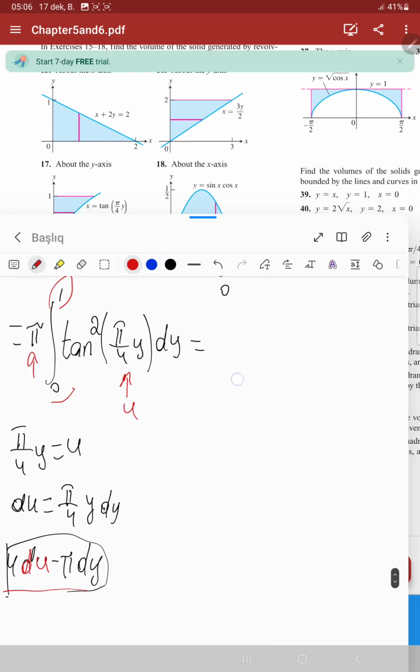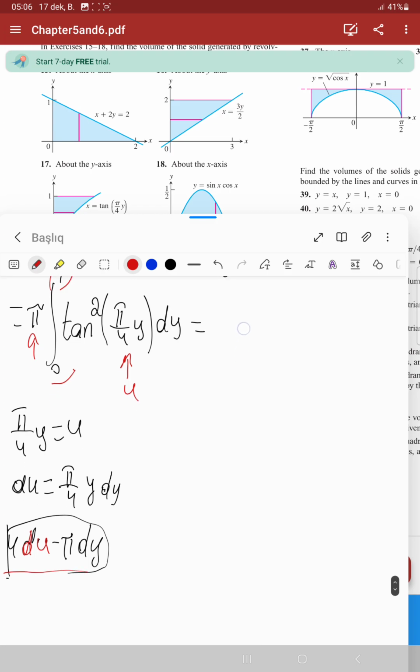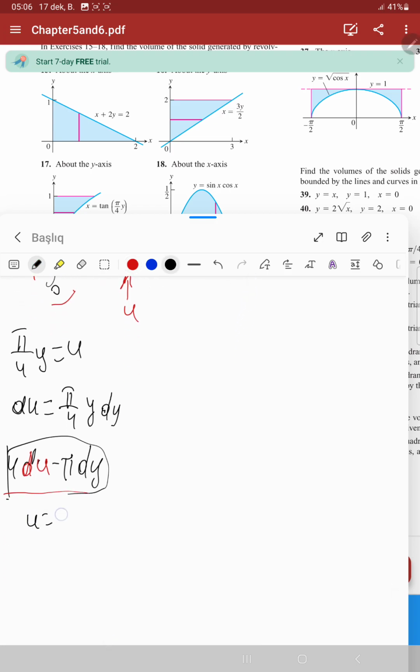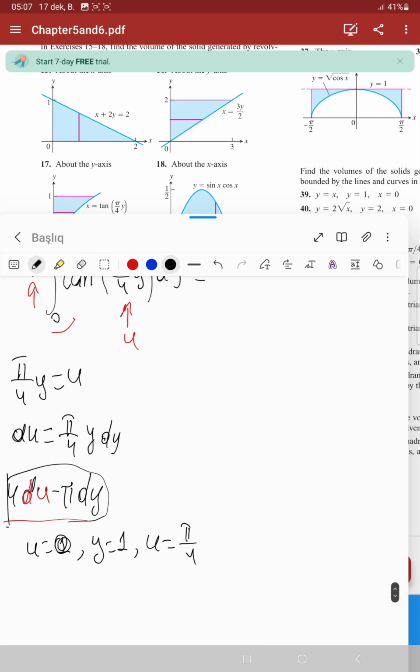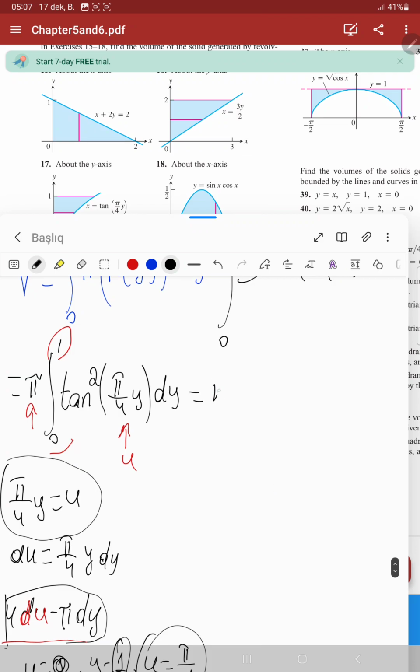Our boundaries will change: u will be 0 when y is 0, and when y is 1, u will be pi over 4, because u is equal to pi over 4 y. So we'll write 4 times the integral from 0 to pi over 4 of tangent squared u du. So how can we solve this integral?